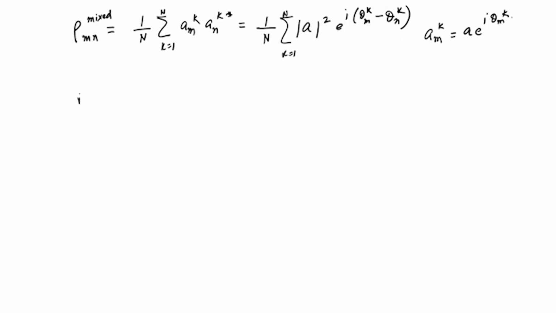Finally this can be written as some rho_mn in the mixed state, equal to some constant, which is this 1 over N and some A mod square, and then we can just simply write it as a constant C times the expectation value of these states.